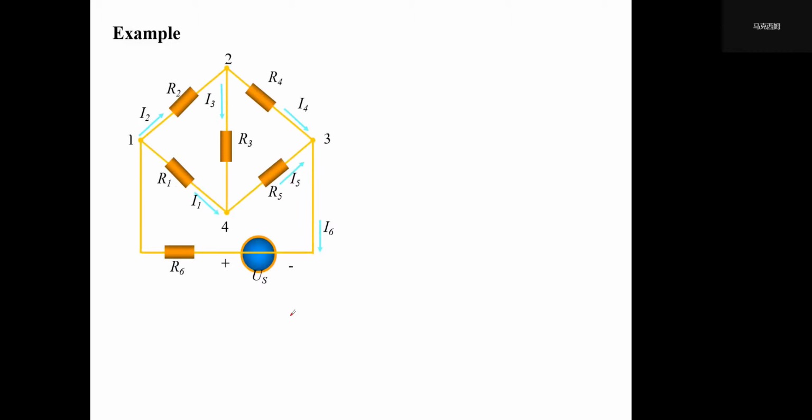For example, in this circuit we have nodes 1, 2, 3, 4, right? n equals 4, so n minus 1 equals 3. So in this case, we can write three KCL equations. And how many branches do we have? 1, 2, 3, 4, 5, 6.